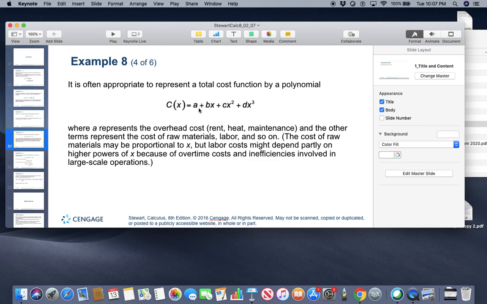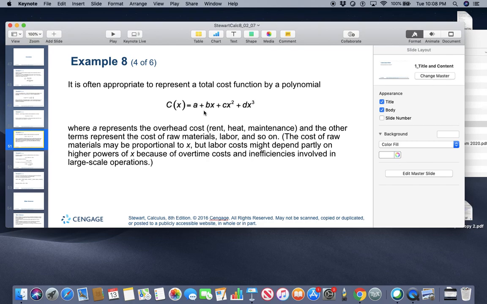It is often appropriate to represent a total cost function by a polynomial. The constant term represents overhead cost, for example rent, heat, maintenance, and the other terms represent the cost of raw materials, labor, and so on. If you have 10 workers, then B times 10 is probably the cost coming from the workers alone. The rent doesn't change as the number of workers changes.